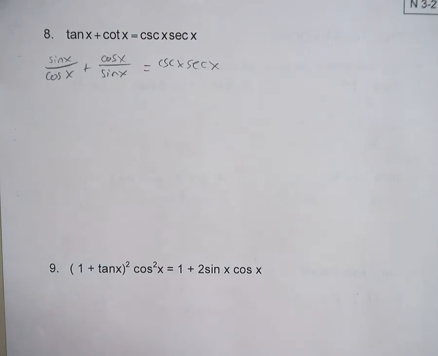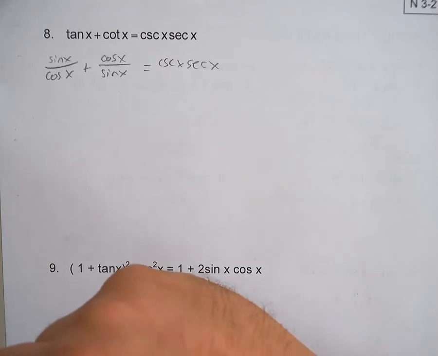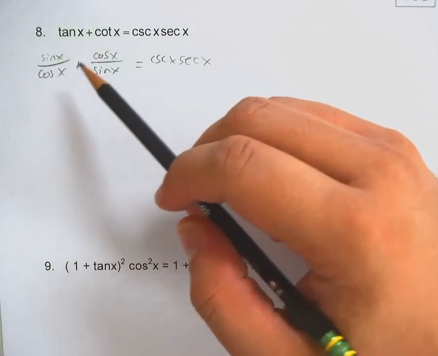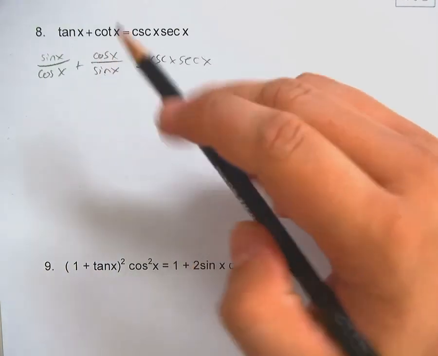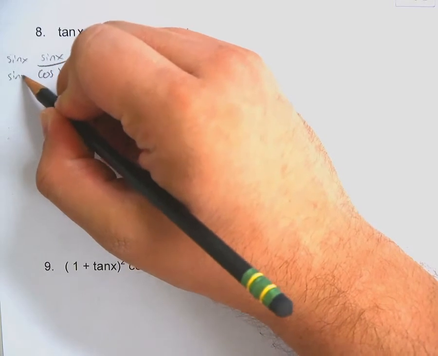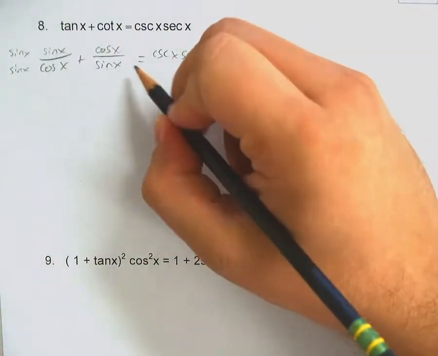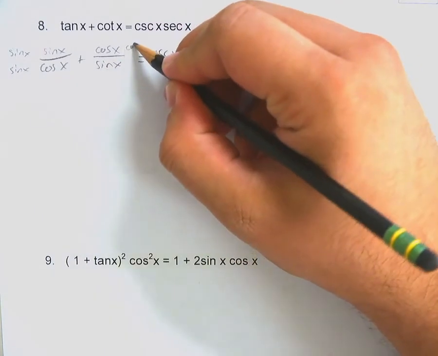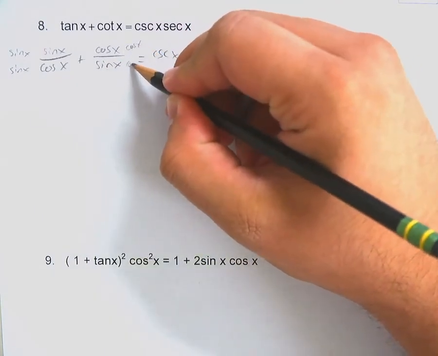So here's what I'm going to do. How do I get common denominators? Multiply each fraction by what it is missing from the other. So for example, the first fraction is missing sine x from the bottom over here, so I'm going to multiply by sine x over sine x. And on this side, I am missing cosine x, so I'm going to multiply by cosine x over cosine x.